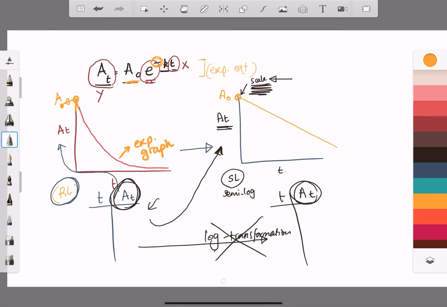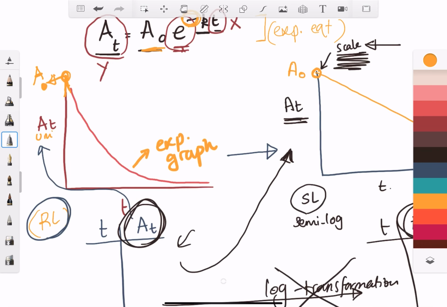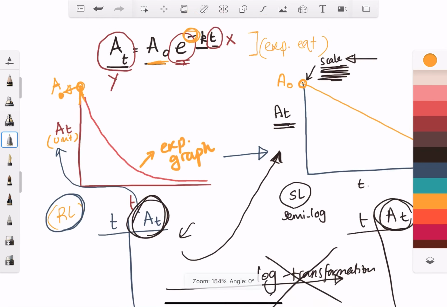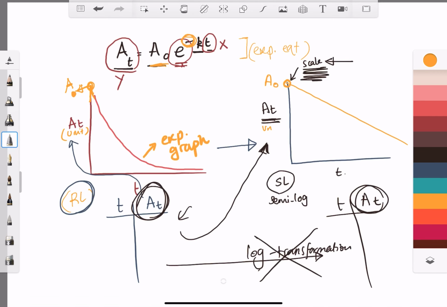So we will have units here for sure for the amount, and we will have units here also for the amount, because we are just drawing the same thing, but we are just changing the graph that we are drawing the profile on.